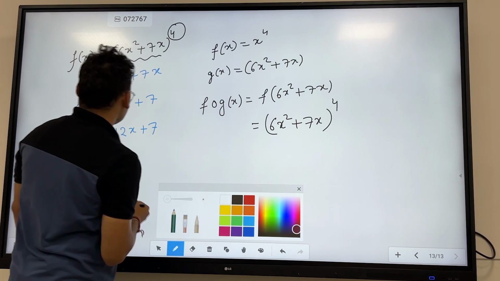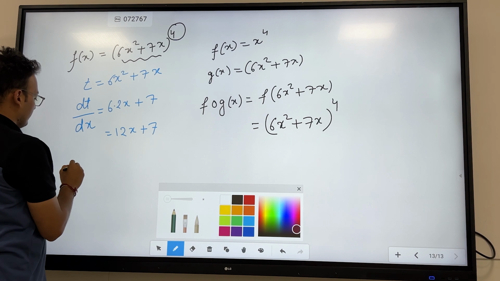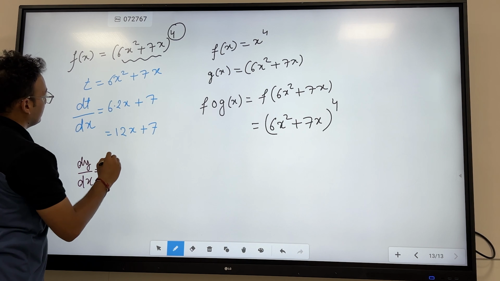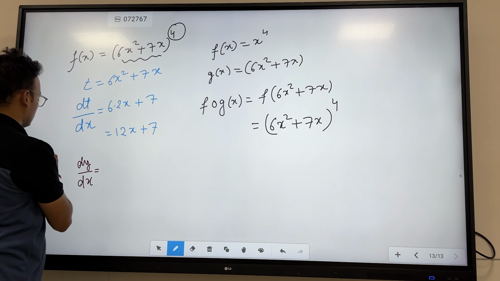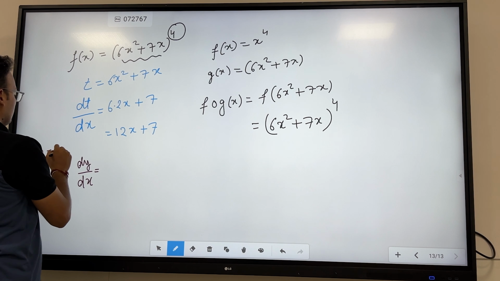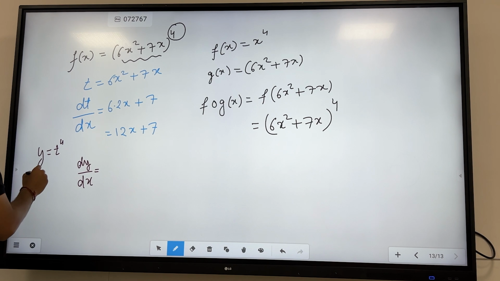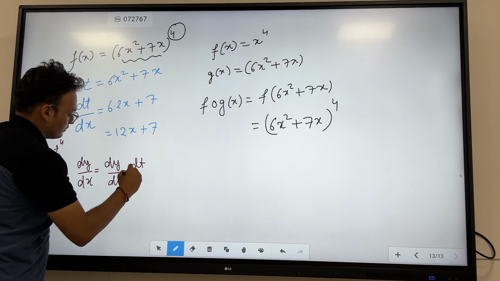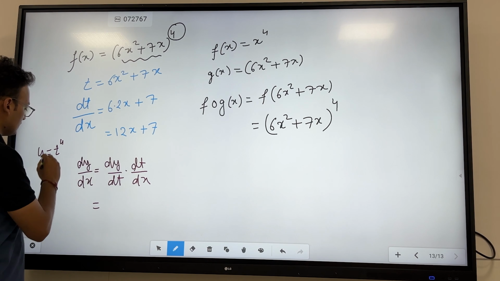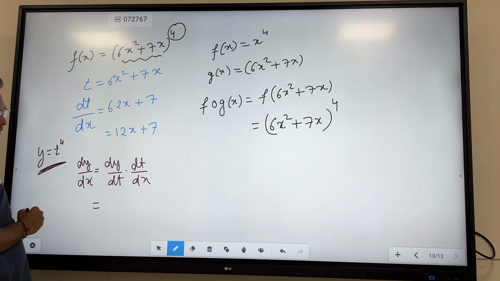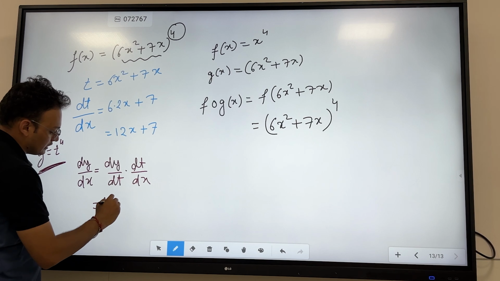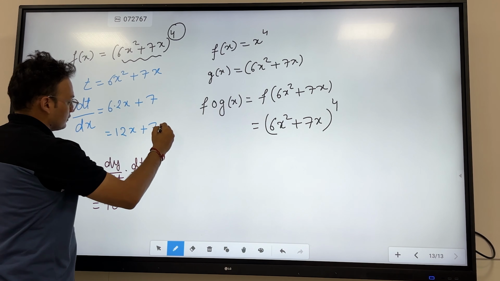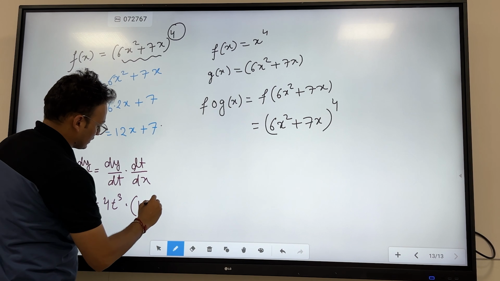Yes? And now dy over dx will be, now the y function will become t raised to the power 4. So can I write dy over dx as dy over dt times dt over dx, right? Which is, now do the differentiation of t raised to the power 4, which is 4 times t cube times dt over dx, and I can put the value of dt over dx from here, that is 12x plus 7.